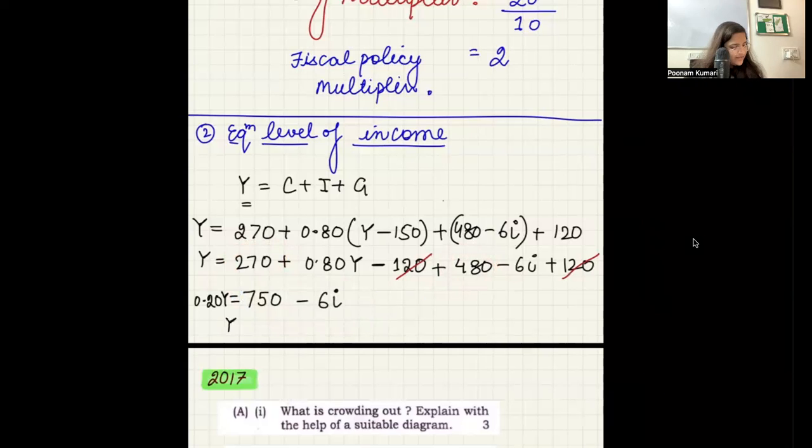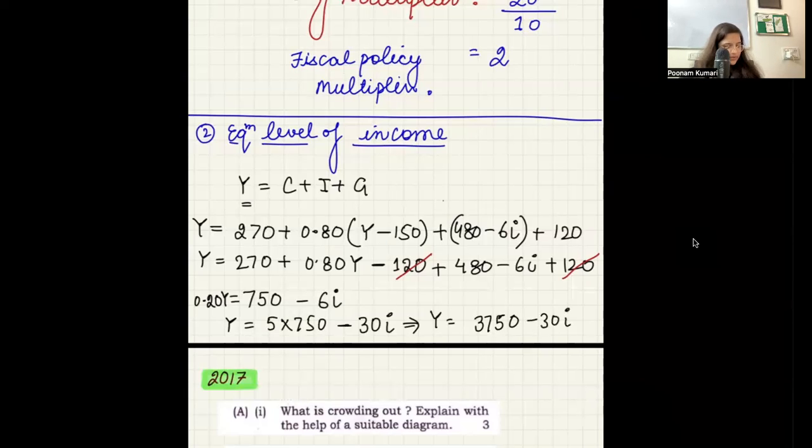Or if you want to go further, you can do this also. You can say y equals, and 0.20 is basically 1 by 5, so you can multiply by 5 on both sides. So 5 times 750 minus 5 times 6i, 30i. This is what you get. So y is 3750 minus 30i.